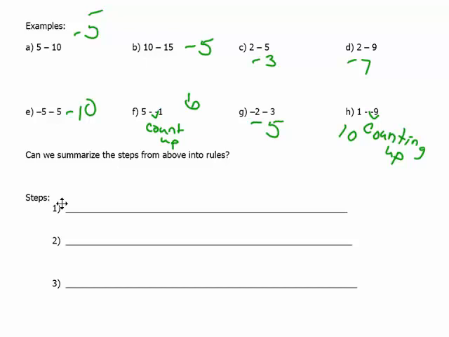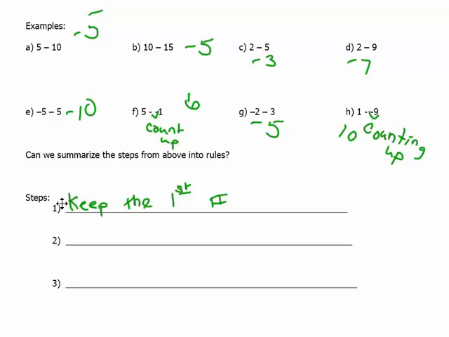Okay, so can we summarize the steps from above? We keep the first number. That's our starting point. We didn't do anything with that. But if you think about what we did with our other problems, we're really turning this into adding: subtracting is really the same as adding its opposite.